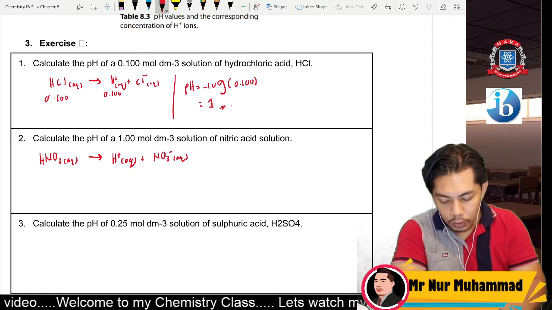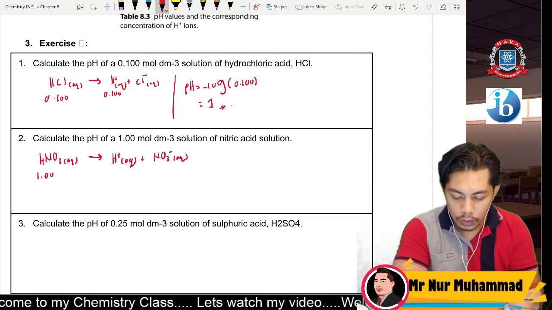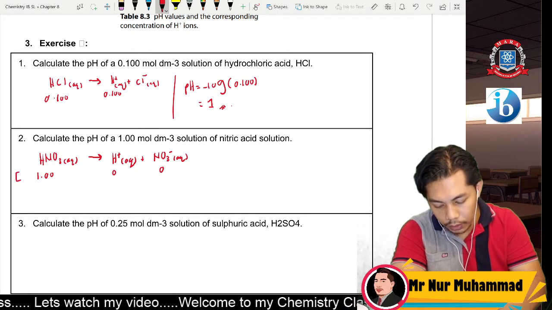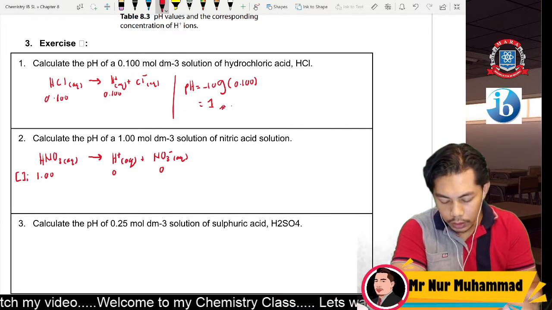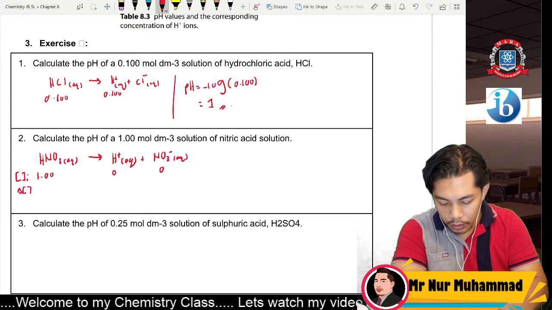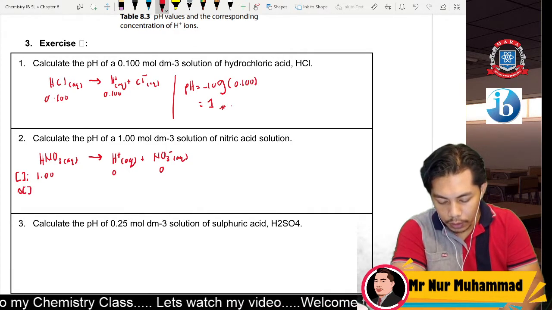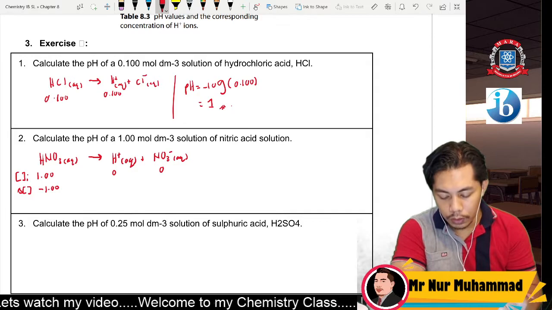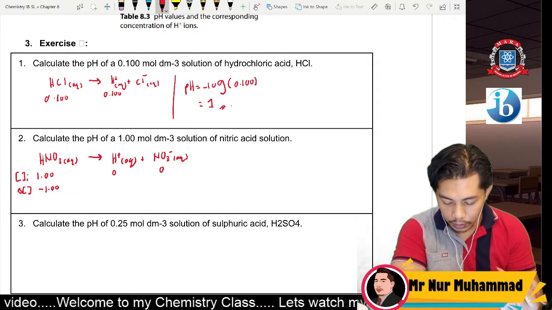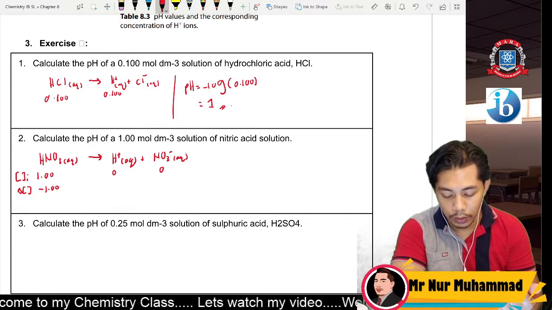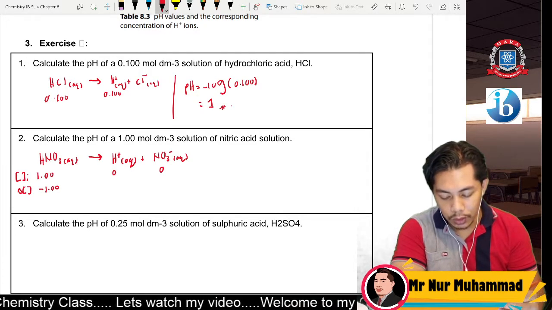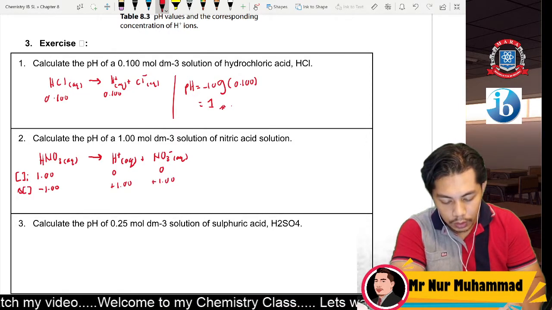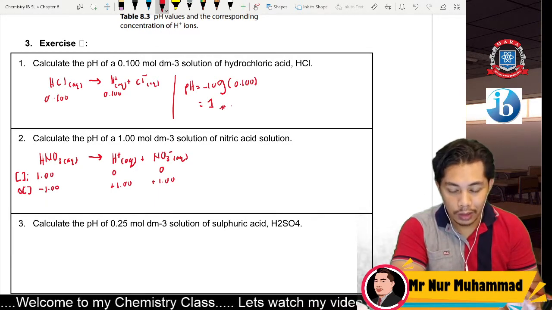So 1.00 nitric acid, this is the initial concentration. Second, the change in concentration, meaning minus 1.00, of course, because nitric acid is lost completely. It ionized completely, right? So it will reduce its concentration completely. Now this is plus 1.00, plus 1.00. I hope you all can understand my method.